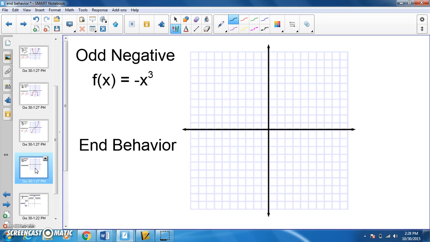Now our last graph is odd negative. So we still have an odd degree with a negative leading coefficient.